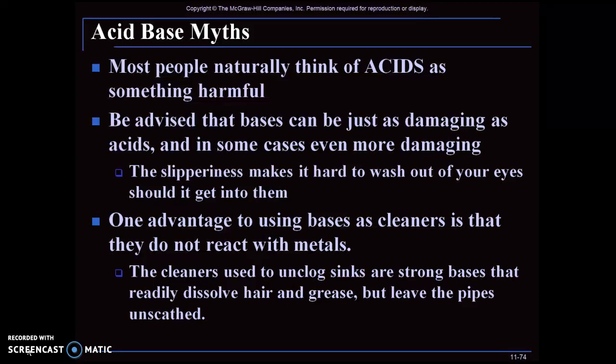The cleaners used to unclog the sinks are strong bases that readily dissolve hair and grease, but they make sure that they do not react with the pipes, which are made of metals, and they remain unscratched.